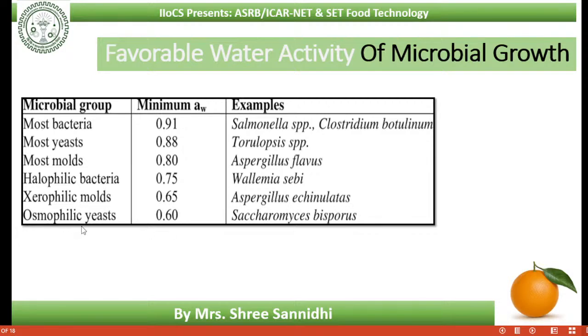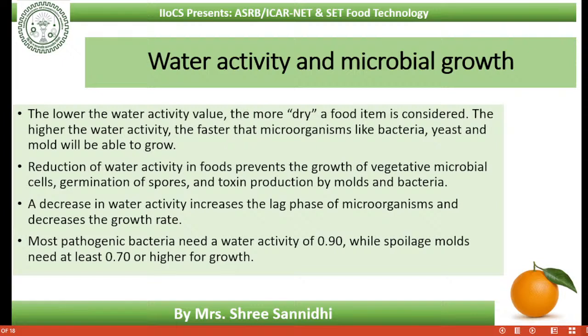And then osmophilic yeast require 0.60 of water activity, example is Saccharomyces bisporus. Okay, any microorganisms, just like humans, require water for all their metabolic processes. So if we don't give enough water for them, their growth rate will be slowed down or stopped.